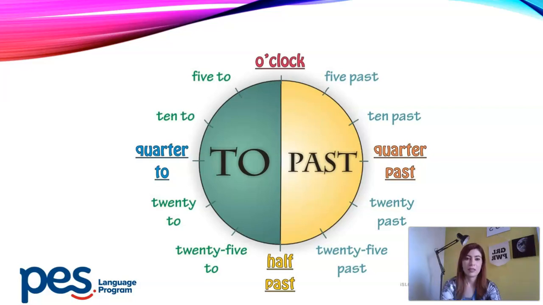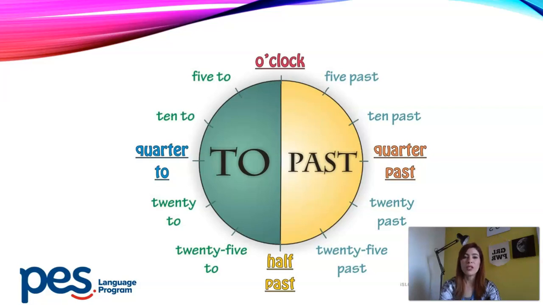All right? Now, let's imagine that we have the small pointer over here at 12, okay? And also now our big pointer is over here at 12, okay? Imagine a clock here with all the numbers. Up here is number 12. When the big pointer is here, we can say 12 o'clock, okay?